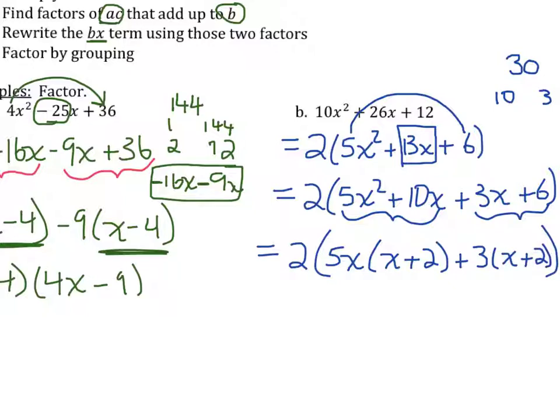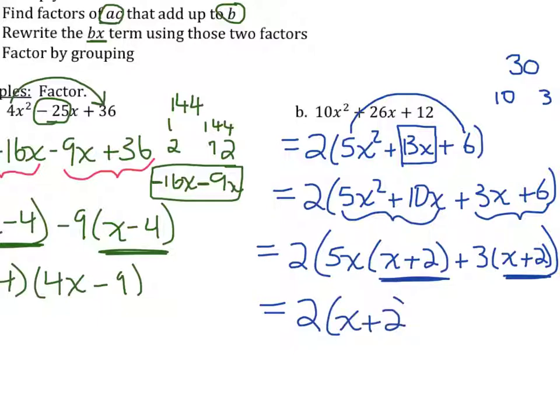Now, even though this looks real weird with all these parentheses, these parentheses here, this one and this one, represent those. And now I have these parentheses from the x plus 2s when I factored out each GCF here. But I'm going to continue. Don't let the parentheses confuse you. I still have that 2 on the outside. But since this is the same as that, with factoring by grouping, I can factor that out.